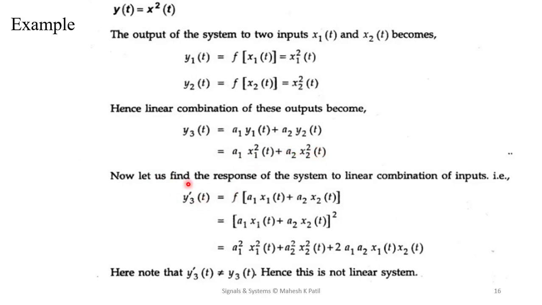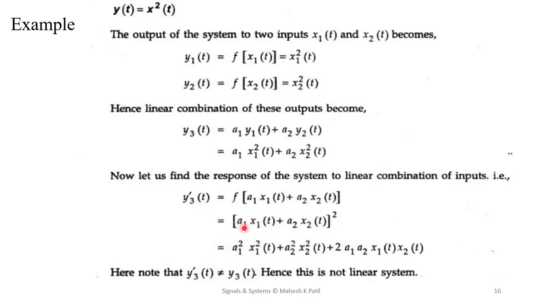Now we'll find the response of the system to the linear combination of inputs. So let that output be y3 dash of t, and it is the function of a1 x1 of t plus a2 x2 of t. Our function is a squared function here, therefore the combination you assumed here, you take the square of that.